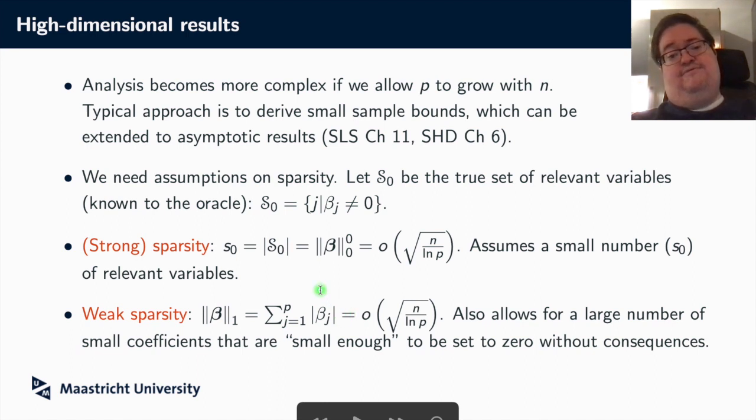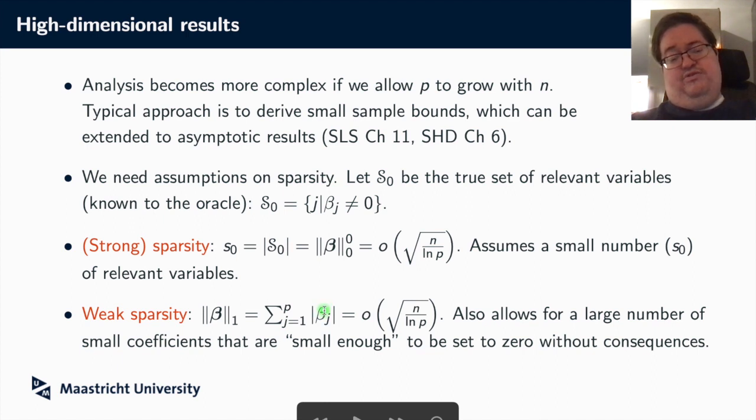Now, of course, if many of the beta j's are 0, so we are in the standard sparsity case, then many of these elements in the sum drop out and the sum will not be too large. But this also allows for a different setting. So this is more general than the regular sparsity because it also allows for a large number of small coefficients.